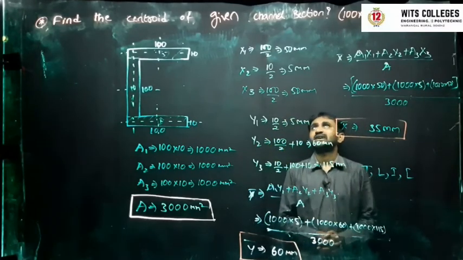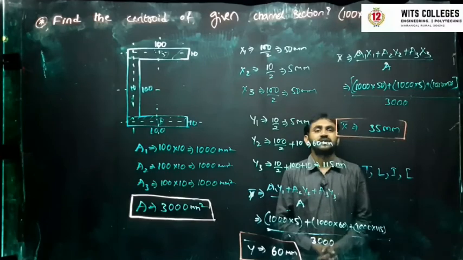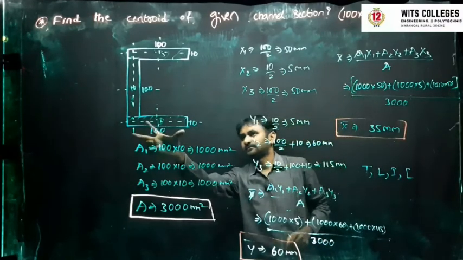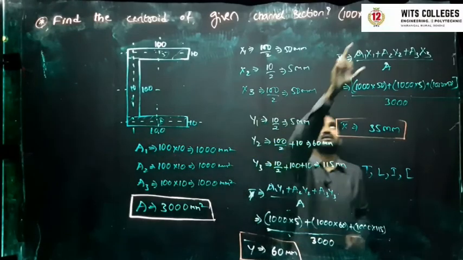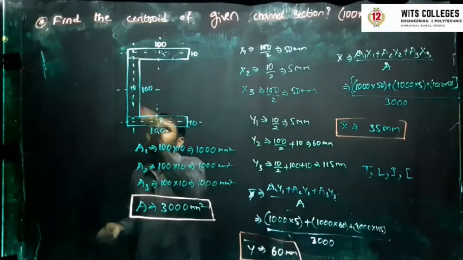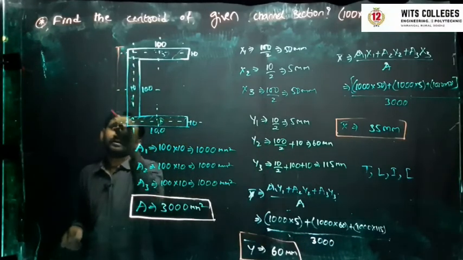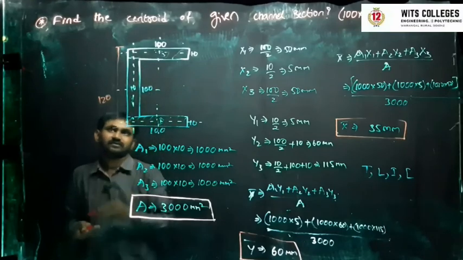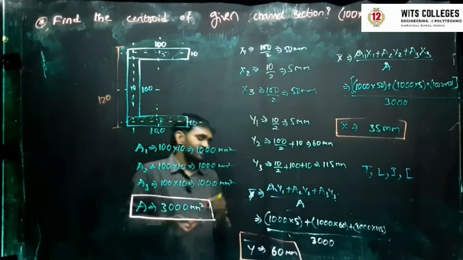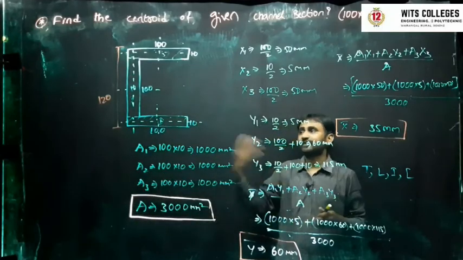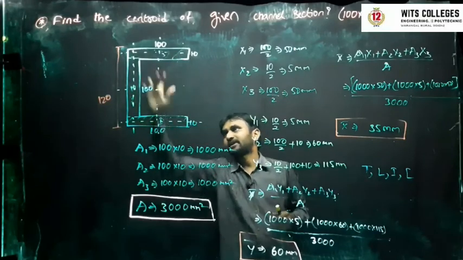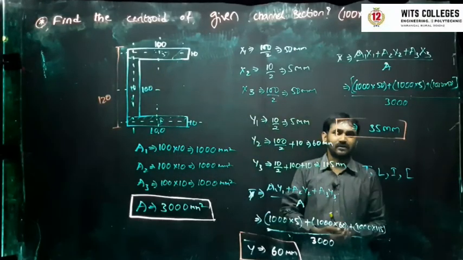Find the centroid of a channel section whose dimensions are 100 into 120 into 10 mm. 100 will always be your width. Remember, 100 will always be your width, and 120 is your overall depth. Overall depth in the sense from the top to the bottom. Total. This is 120, not this. And 10 mm thickness for all the three, which is given as 10 mm, and from this I have to divide. So this is 120, from this 10 is this section, so that I have divided, remaining will be 100. So again this will be the question like this.